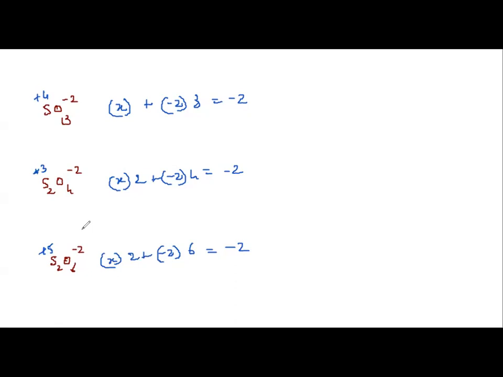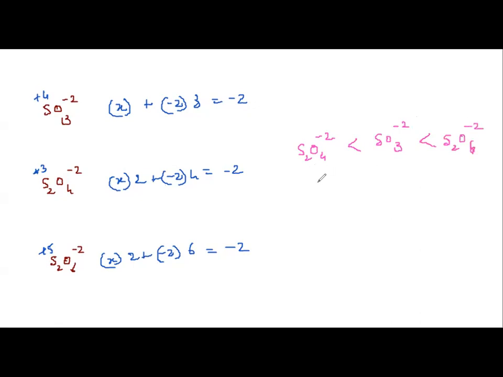So which is having oxidation states? They follow the order. What order do they follow? So I can write here S2O4 minus 2. It is having plus 3 charge. Then it is less than SO3 minus 2, which is having plus 4 charge, which is less than S2O6 minus 2.